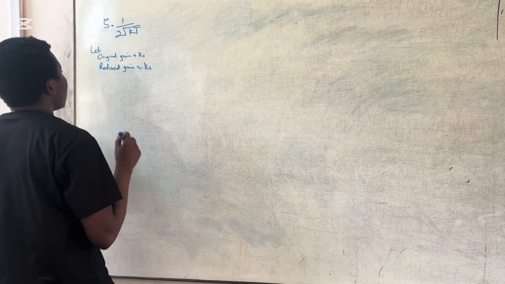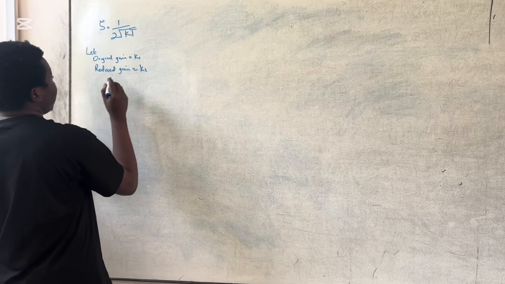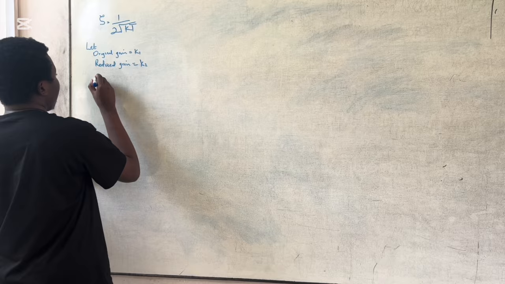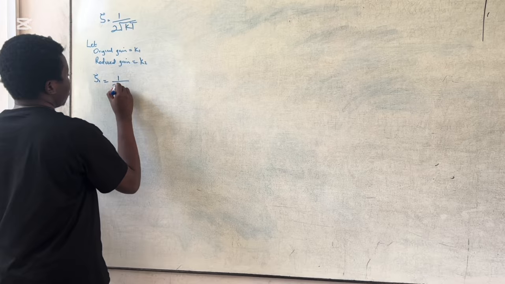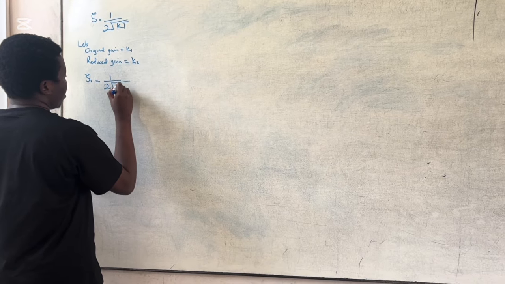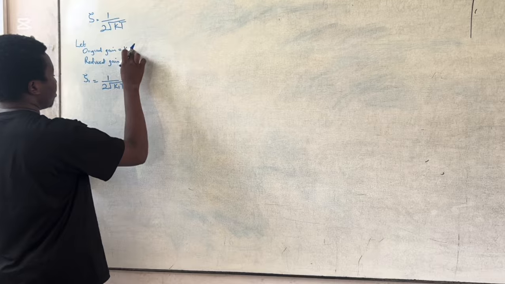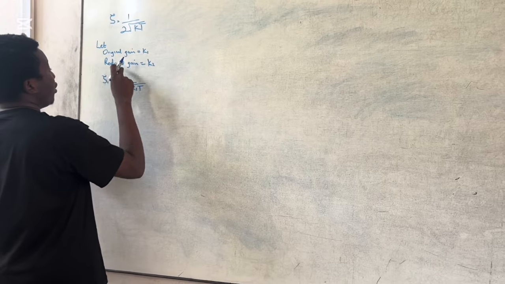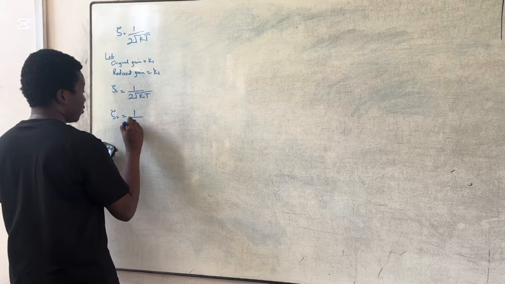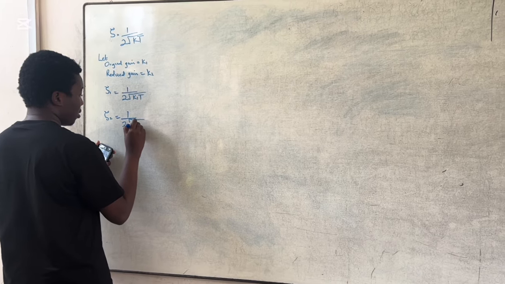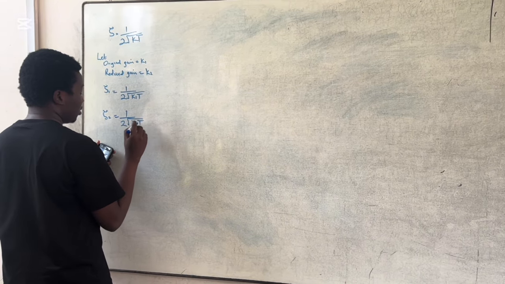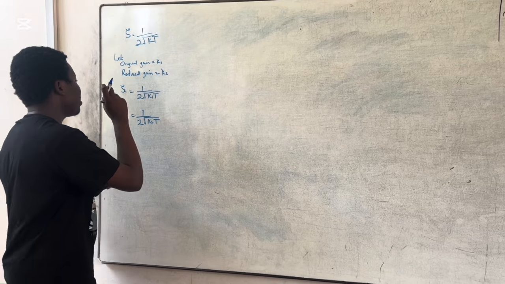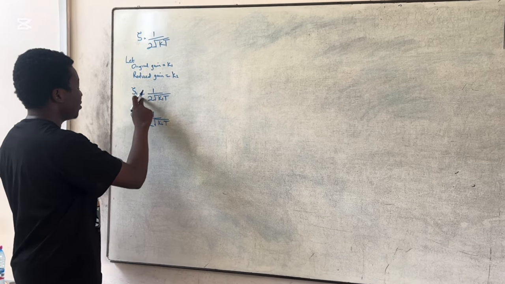So the damping ratio for the original gain will be 1/2 K1 T, and the damping ratio for the reduced gain will be 1/2 K2 T. So you divide this one by this.